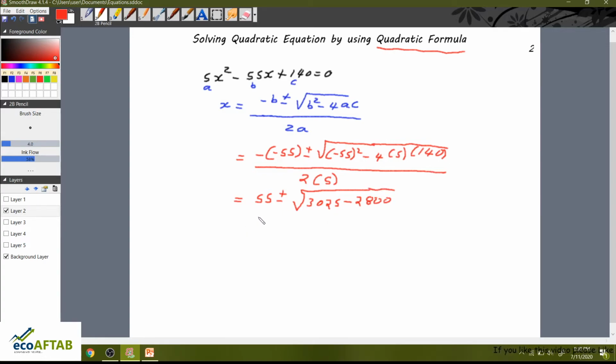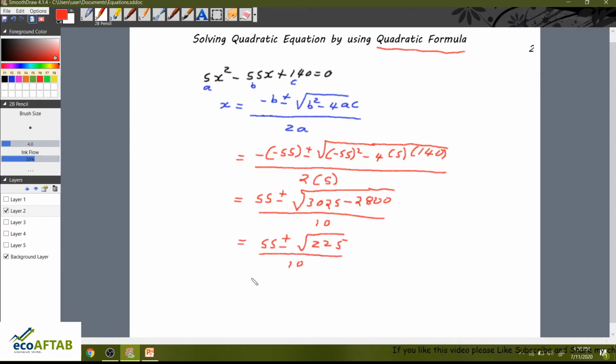So this entire thing divided by 10. So this is equal to 55 plus or minus square root of 3025 minus 2800 is equal to 225, the whole divided by 10.